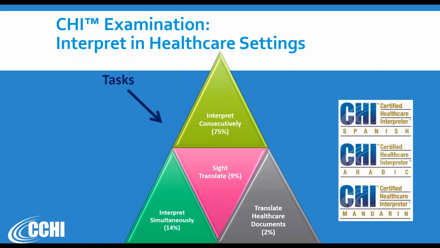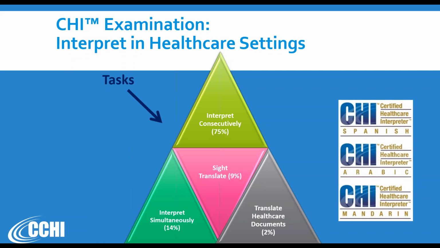And because the national survey says that that's what interpreters are asked to do, and our exam is telling the public that people who get our certification are able to work in healthcare settings today in the United States, we have to include this skills assessment on our exam.